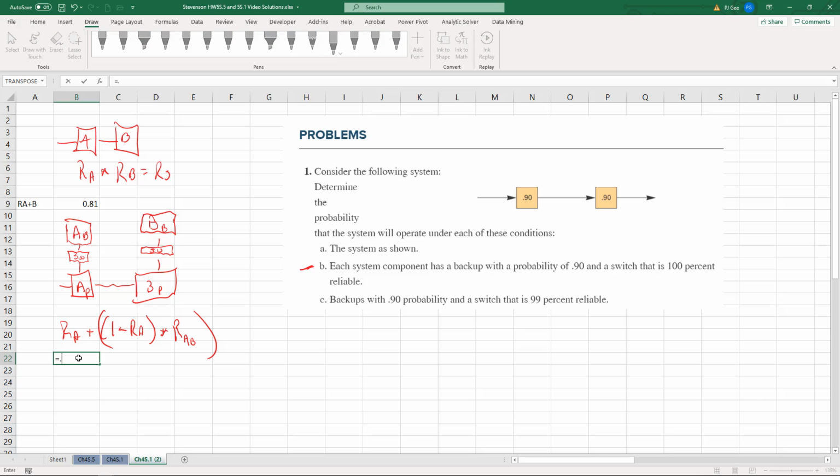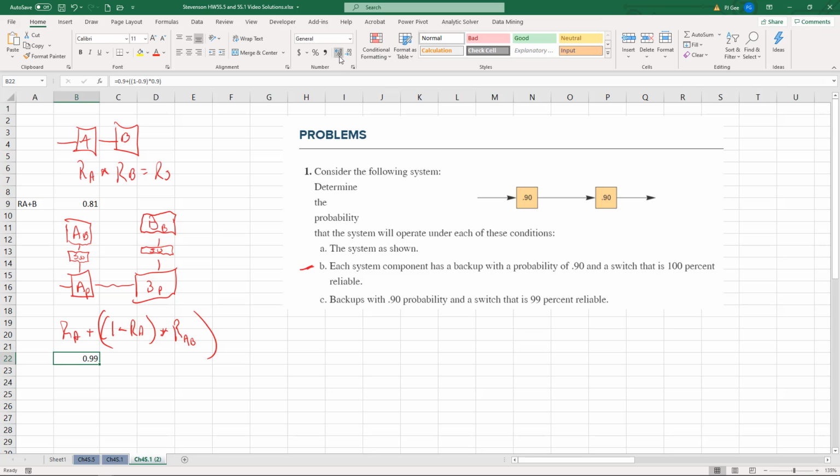So that's equal to 0.9 plus (1 minus 0.9) times another 0.9. Everything's 0.9 in this problem. Let me push that up a little bit so we can see some more digits. So it's exactly 99%.